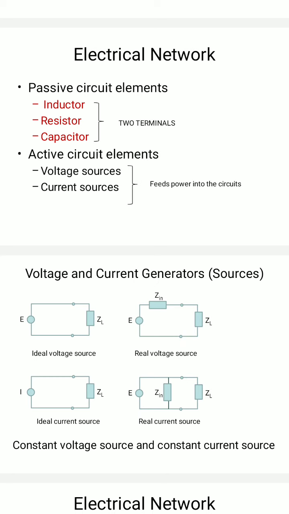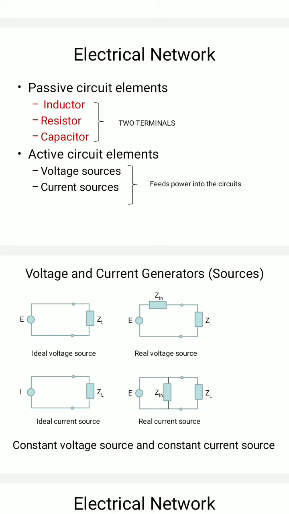But in a real current source, some current will be drawn internally because of the internal resistance of the current source, which you can draw only in parallel to the current source. So some current will be passing through this internal resistance of the current source. Here E is not correct, it should be I in the fourth figure.